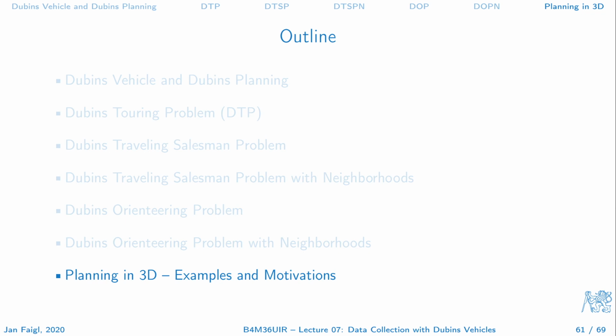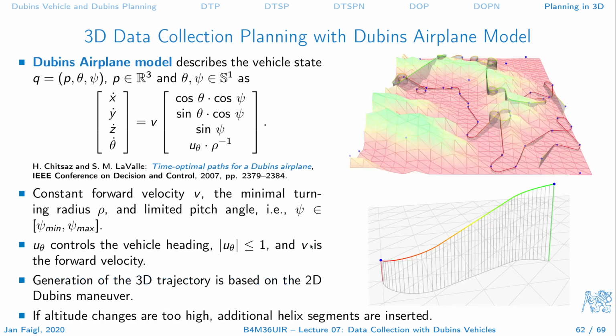Finally, at the very end of this lecture, I would like to show you some extensions and examples of generalizations of these problems. Maybe you may ask yourself, okay, Dubins vehicle is nice, we have really nice theoretical results, we can solve this Dubins traveling salesman problem, the orienteering problem, but it is in 2D.